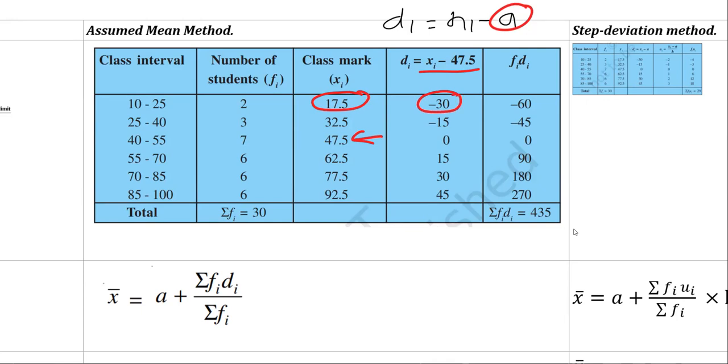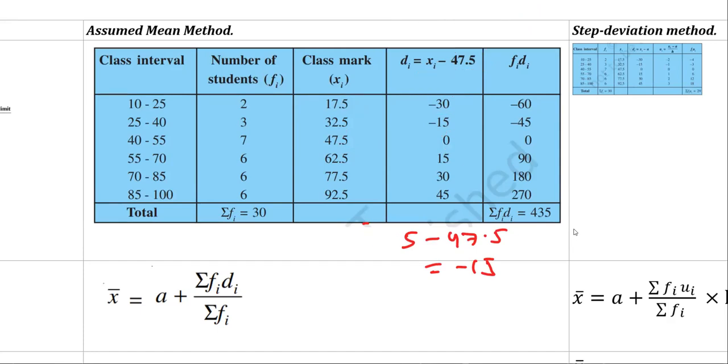Similarly, for the next row, we'll be again doing the same thing. Xi, that is 32.5 minus 47.5, will give you minus 15. In the next part, xi is A itself, that means 47.5 minus 47.5 will give you 0. So this is how we calculate di.